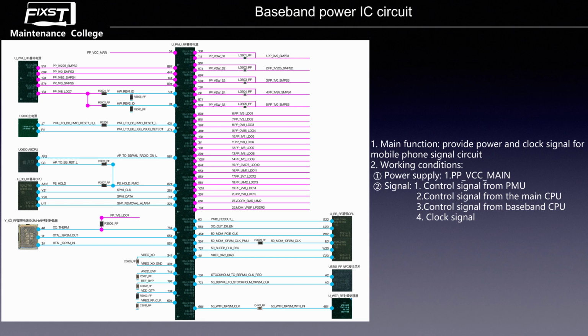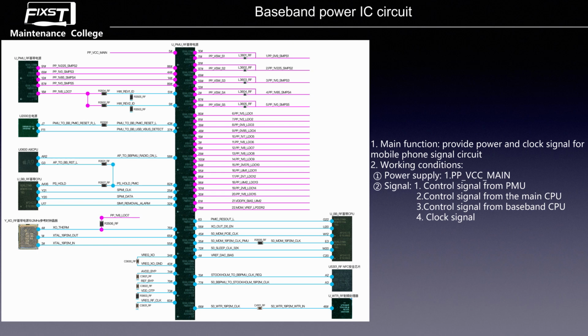Now we see the baseband power IC, the right side. When the baseband power IC works for the first time, it will send out 5 powers. You can see on the right side of it are SMP, S1, S2, S3, S4 and S5. These 5 powers are sent out the first time the baseband power IC works. These 5 power lines are all sent to the baseband CPU. After that, the second time the baseband power IC outputs power, it is a lot of LDOs.